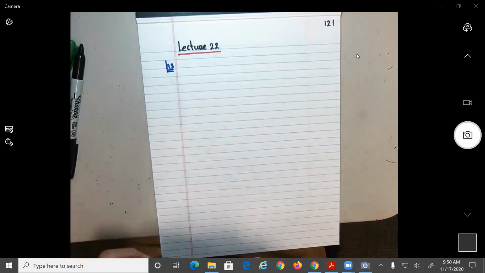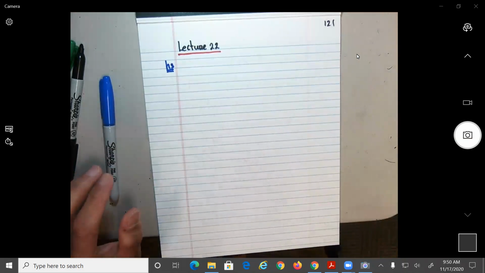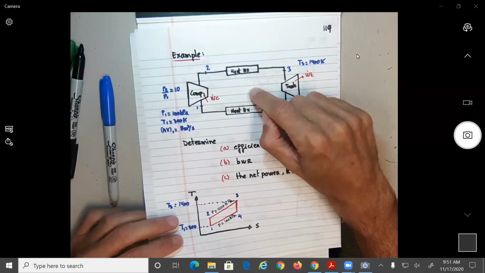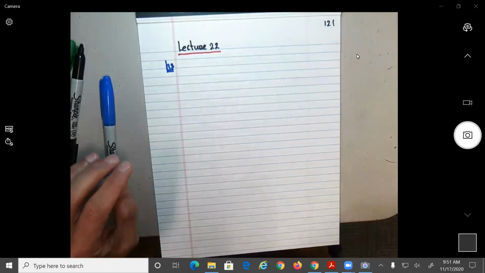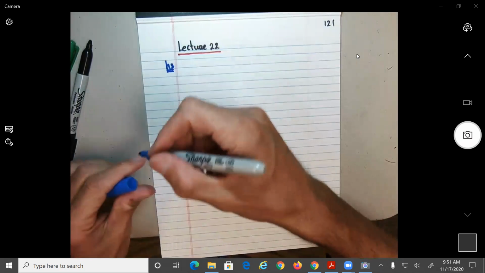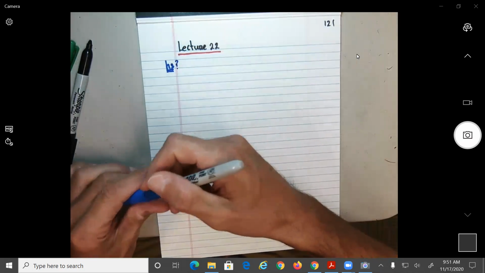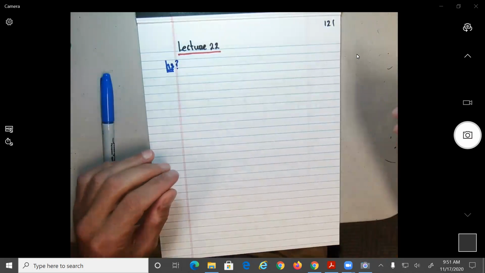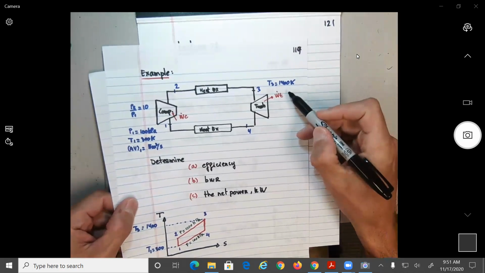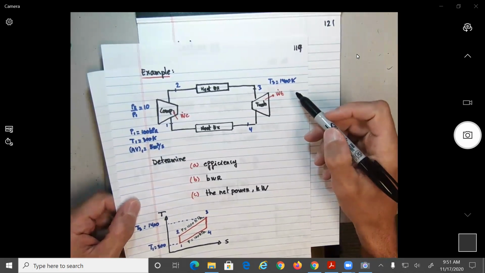So what do we know about H3? Remember that the substance we're dealing with here, the ideal substance, is air. Like an engine, it is air. So what do we know? We know T3 from the figure is equal to 1400.